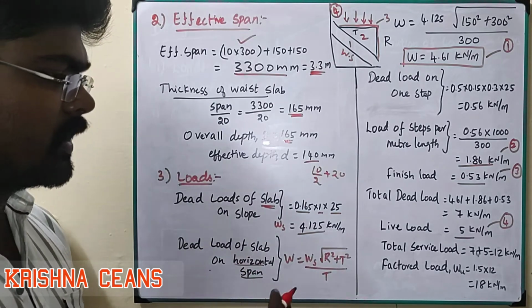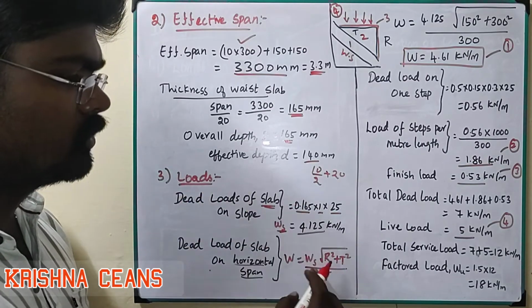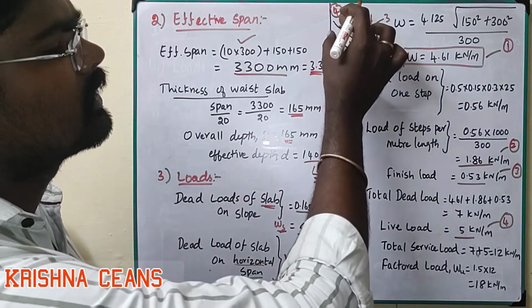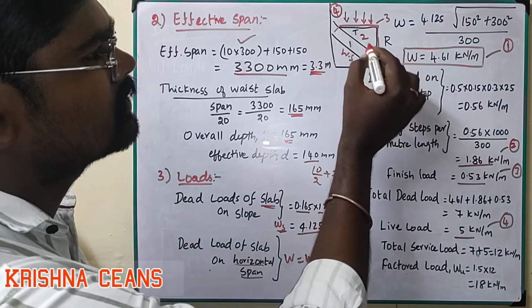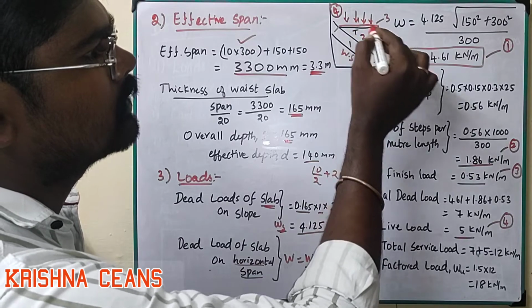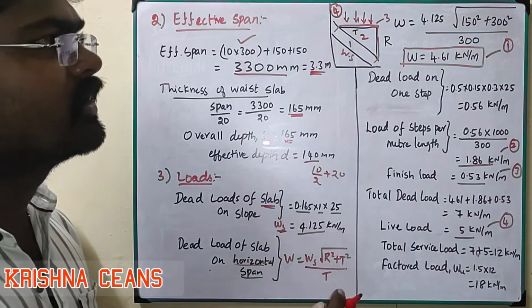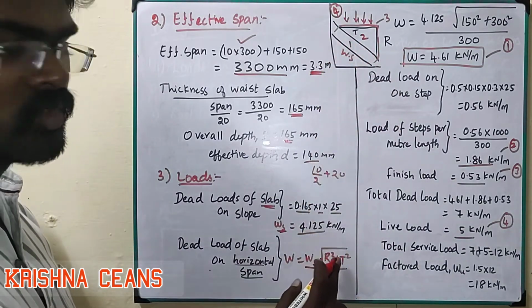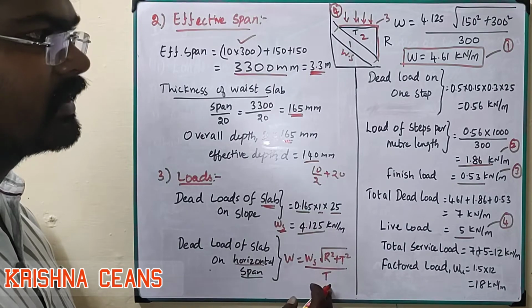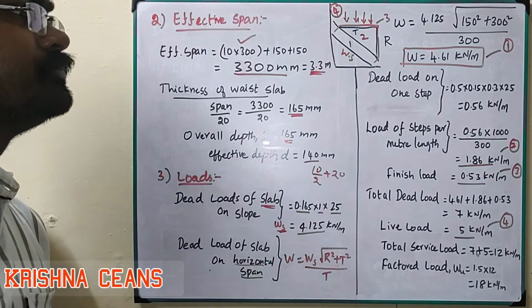So horizontal span. So Ws, this is the load of sloping load, into we have to resolve this length. We have to calculate this length due to the tread plus rise. This is the diagonal portion. We have to calculate this length. So formula is square root of r square plus t square divided by t. We will get it solving by trigonometric formula.